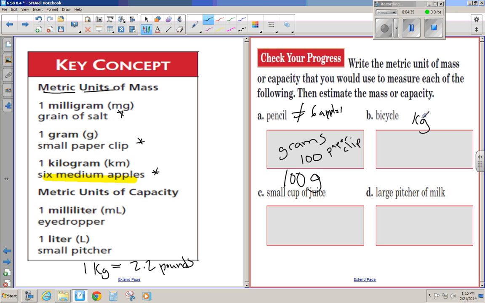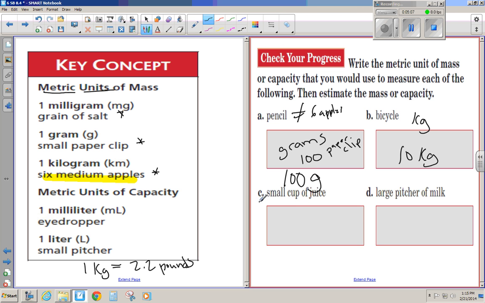Since a kilogram is about 2.2 pounds, let's say this is 10 kilograms. That could be a good estimation, about 22 pounds.